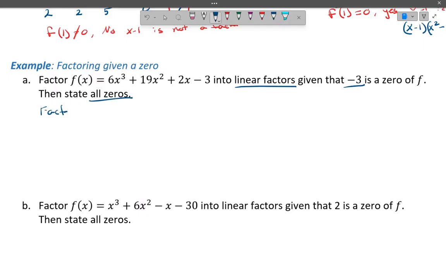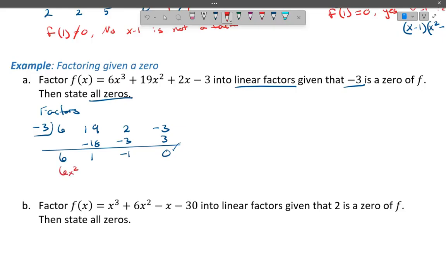So we'll start with the factors. We know that -3 is a zero, so we're going to set up our synthetic division. And we'll go through the process, add, multiply, add, multiply, add, multiply, and we get the remainder of 0. We expected this. We knew that should happen. So now we're left with 6x squared plus x minus 1.